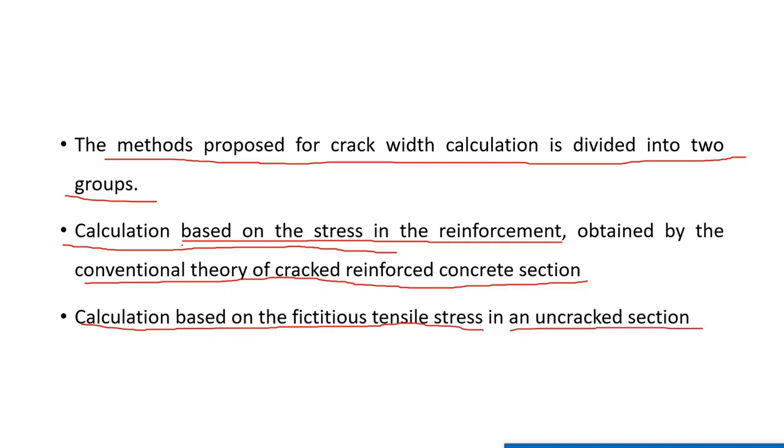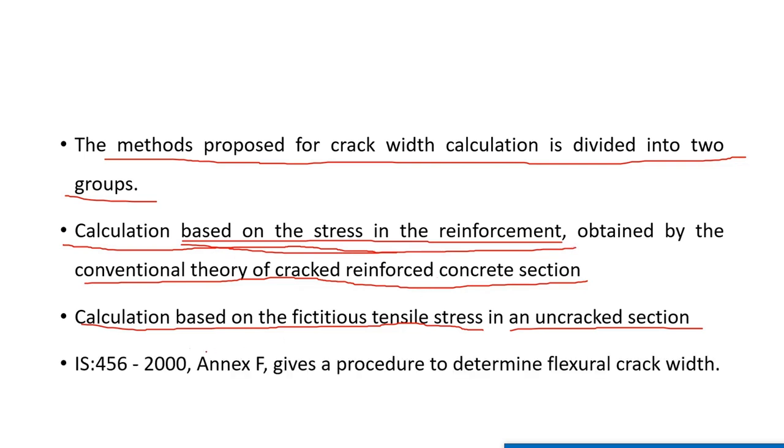The first one, which is based on the stress in the reinforcement, is more accurate than the second one. And IS 456-2000 Annex F gives a procedure to determine the flexural crack width, and it is based on the first method, calculation of stress in the reinforcement from the conventional theory.